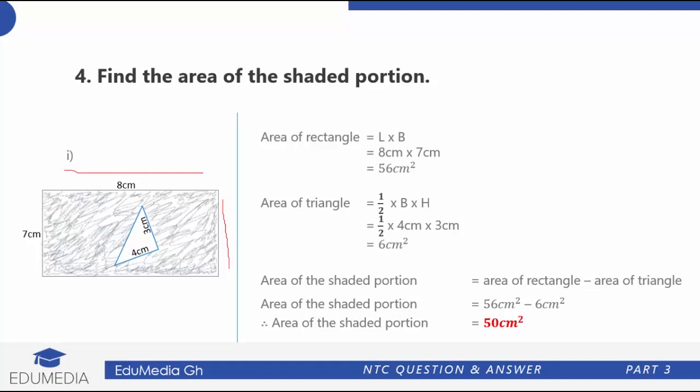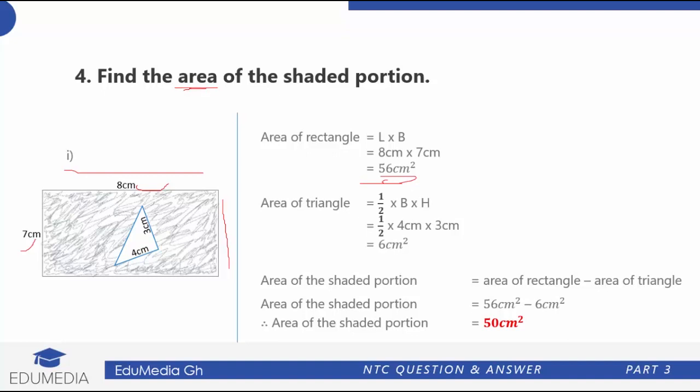So all that we have to do is take our 8 centimeters, which is given to us here, and then our breadth, which is 7 centimeters. So 8 centimeters times 7 centimeters gives us 56 centimeters squared. Since it's an area, it's going to be in square, so 56 centimeters square.